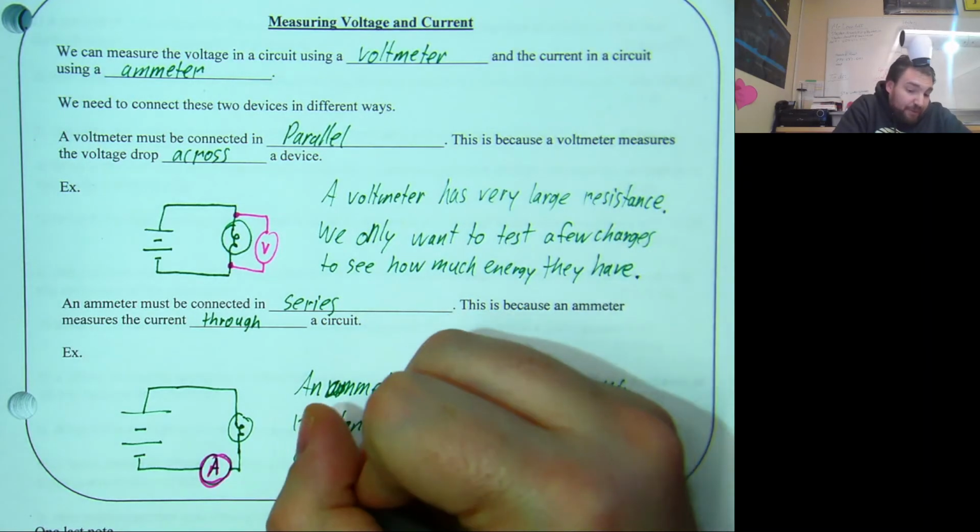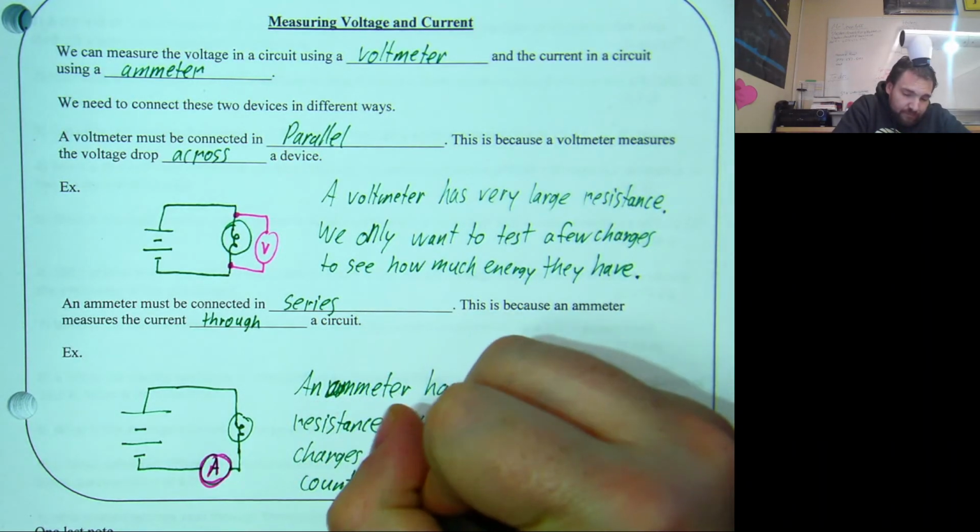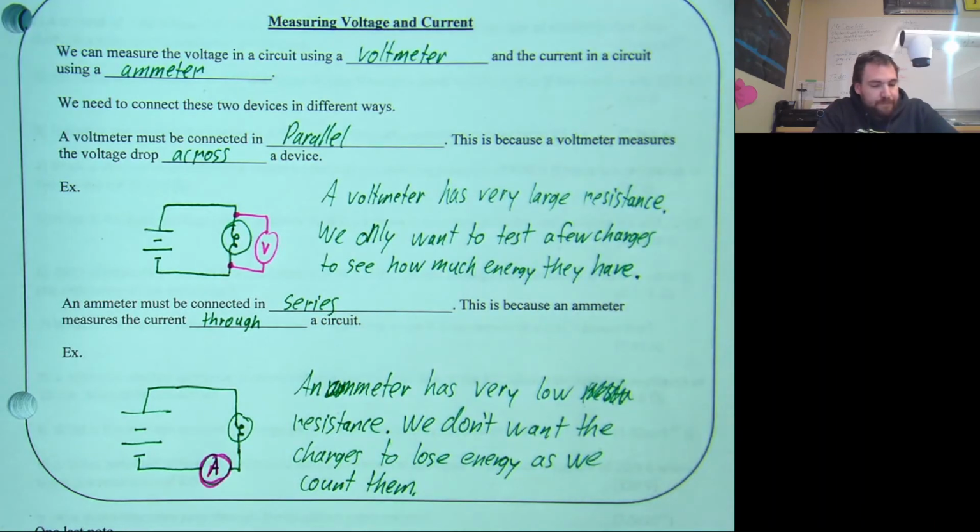Or I'll say as we count them, because that's really what we're doing. Voltmeter, huge resistance. Ammeter, almost none. In a perfect world, ammeter would have 0.